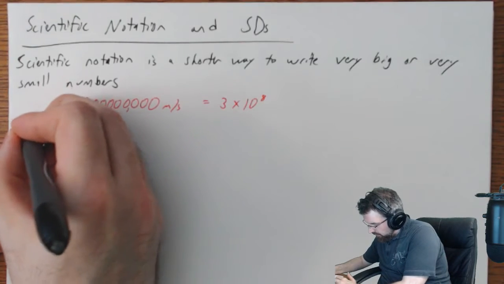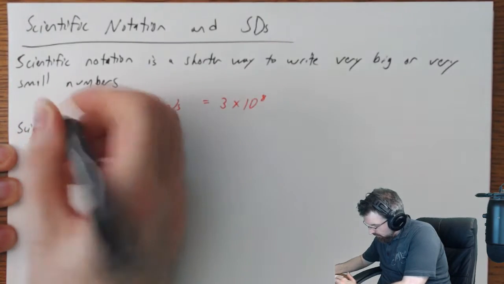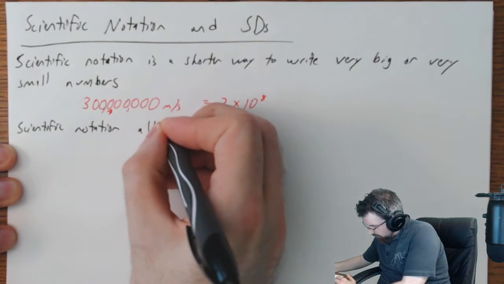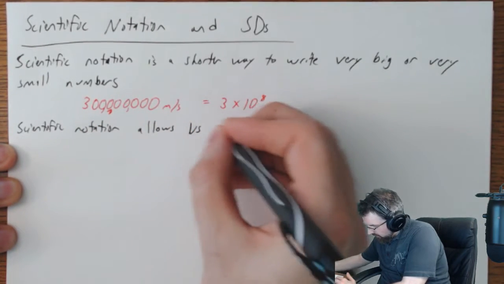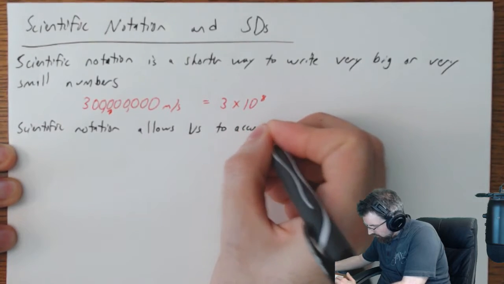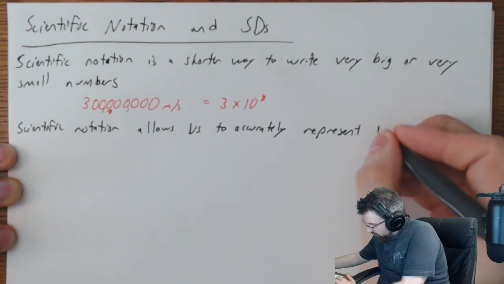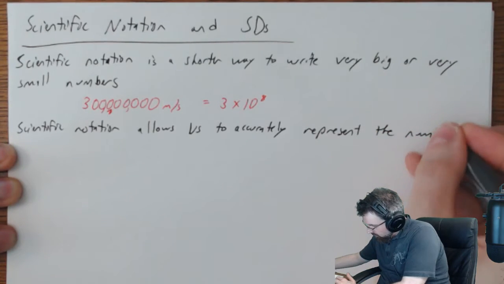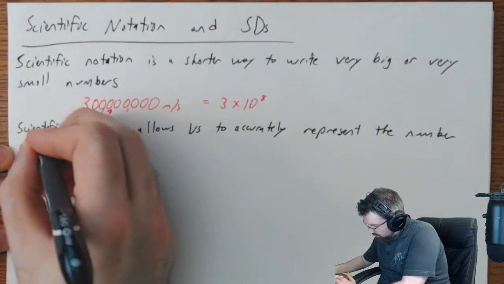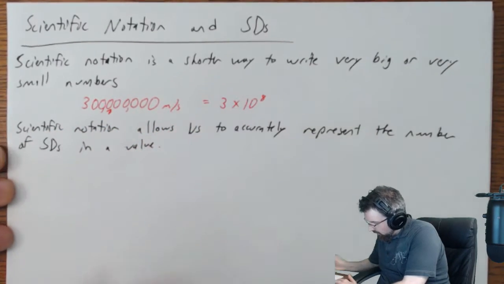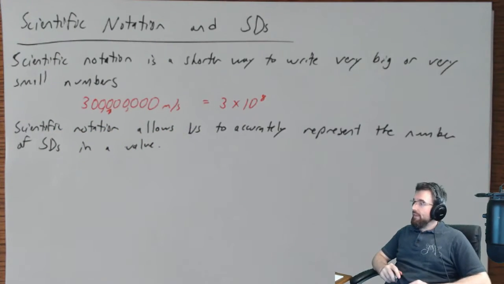Scientific notation allows us to accurately represent the number of significant digits in a value. So what is that?